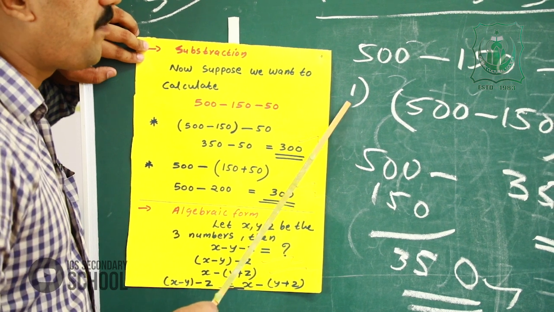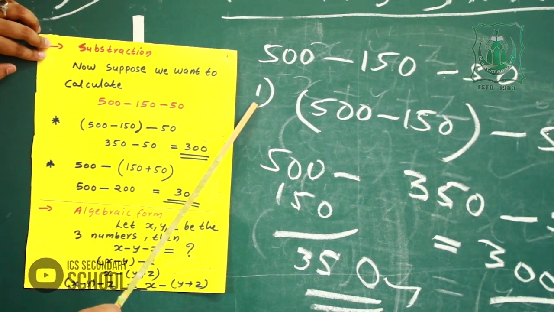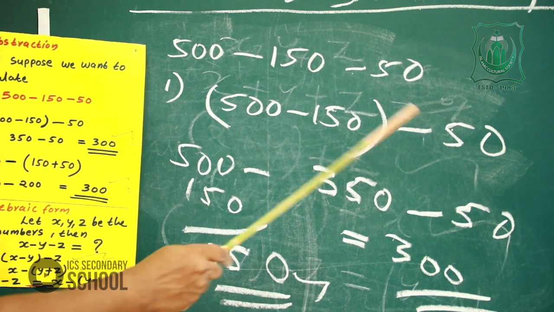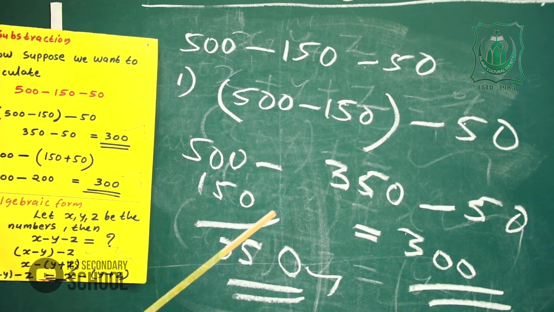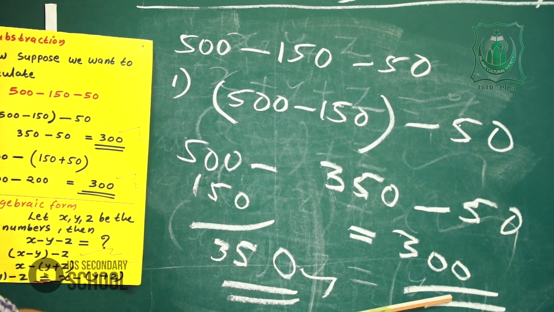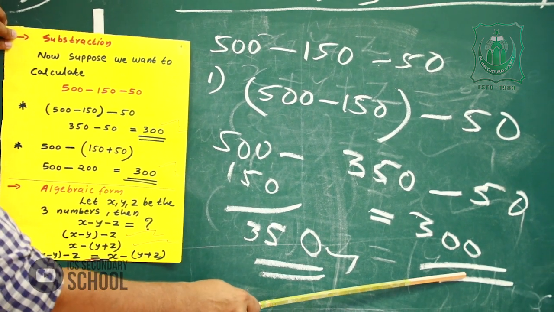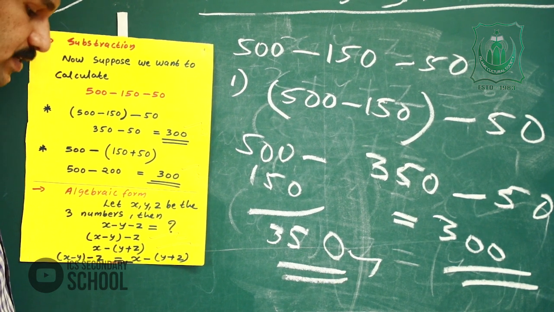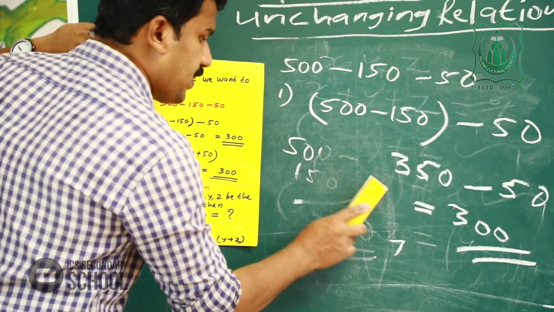So in the first method we solve 500 minus 150 first, then minus 50. Okay, first method, got it? Then the second method.